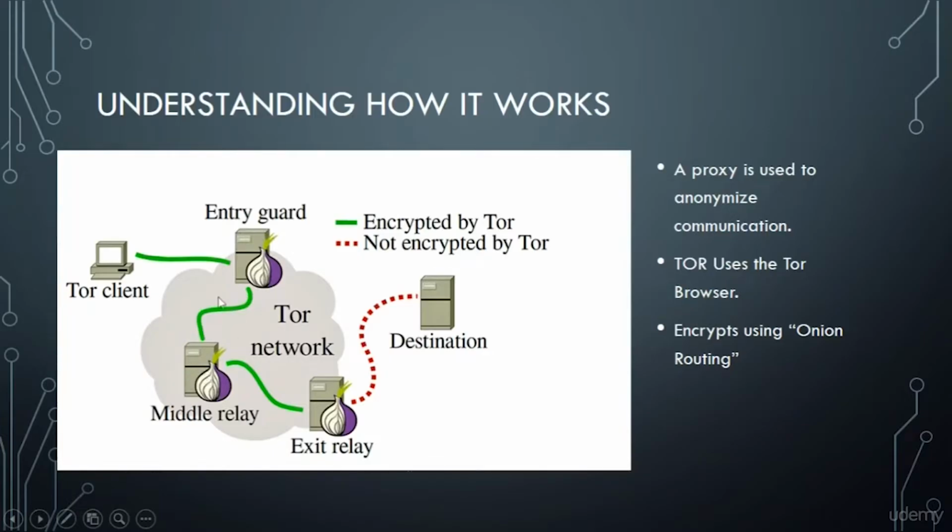All right. Now, because of this randomization of the connectivity from the first to the second and to the third, that's why you're always going to have a unique and different IP address all the time. So it's going to communicate to the middle relay, which is the second node, which will then randomly choose the third node out of 1,000 nodes that Tor has.